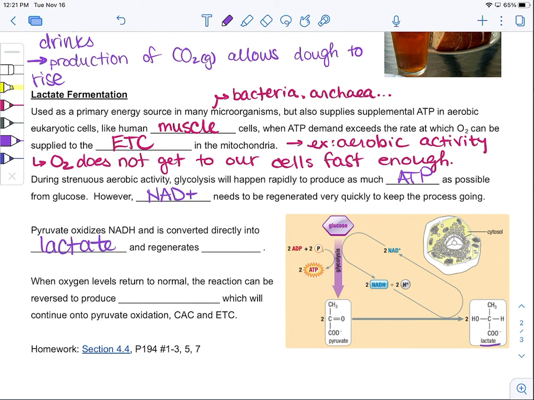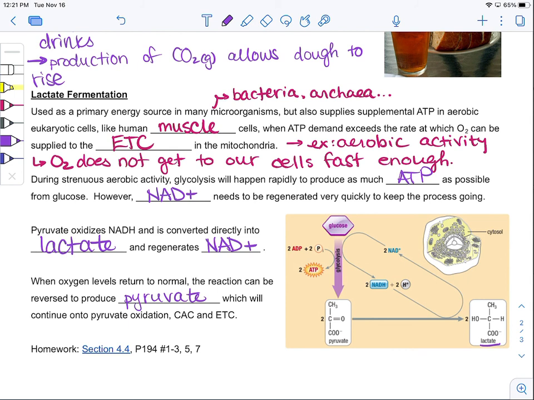And so similar to before, in this process, we are going to regenerate NAD+. That's our entire goal. Now, it says here, when oxygen levels return to normal, the reaction can be reversed to produce pyruvate again, which will continue onto pyruvate oxidation, the citric acid cycle, and the electron transport chain.